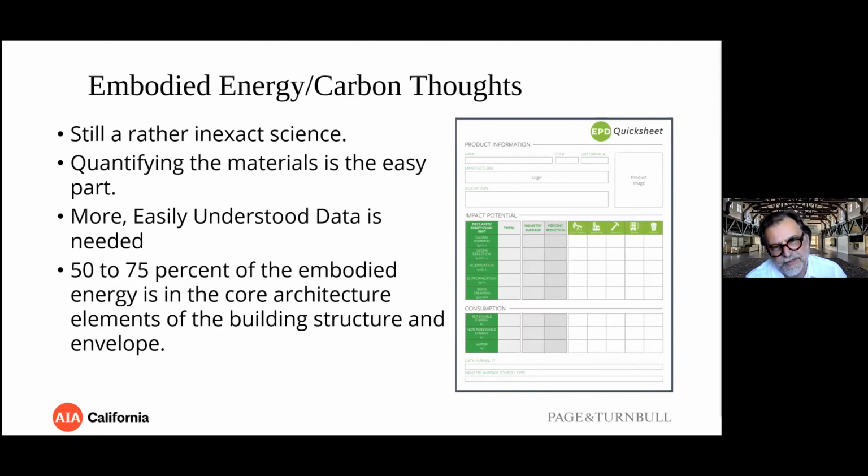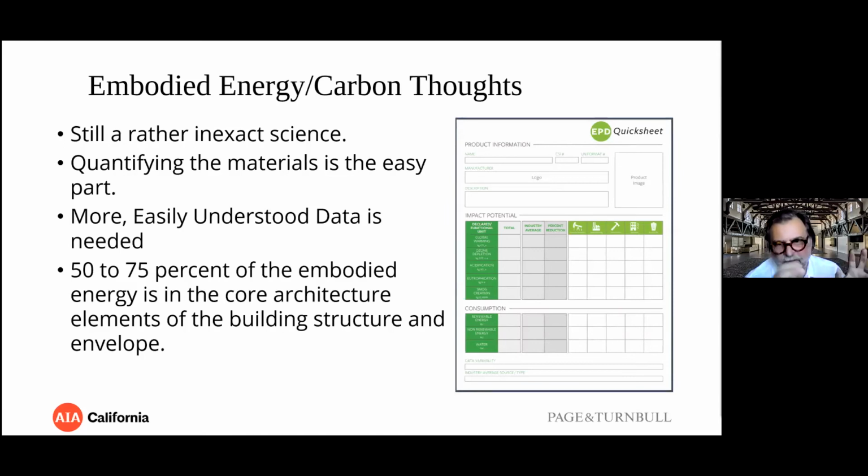A lot of the things we might be looking at, like brick or clay tile roofing, sheet metals and other components, just don't have information. So there's a gap, and we have to make a lot of assumptions.